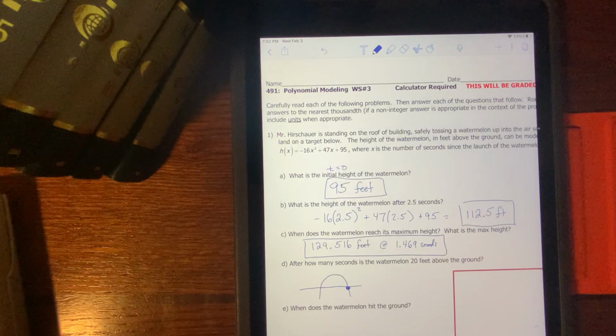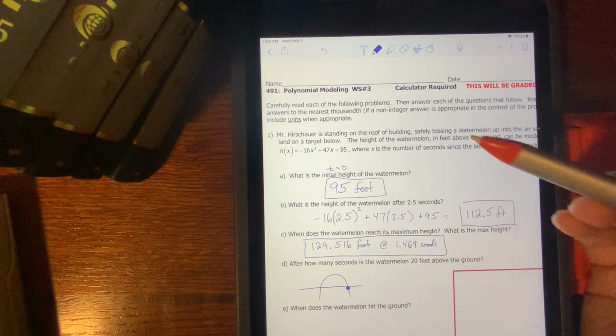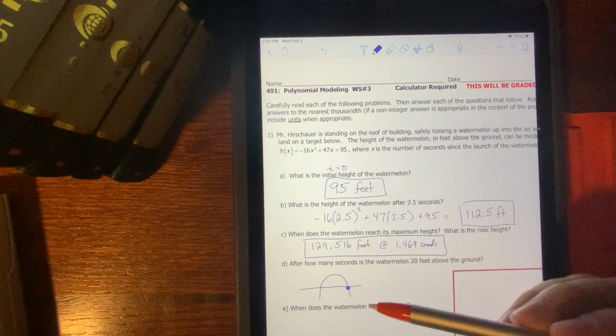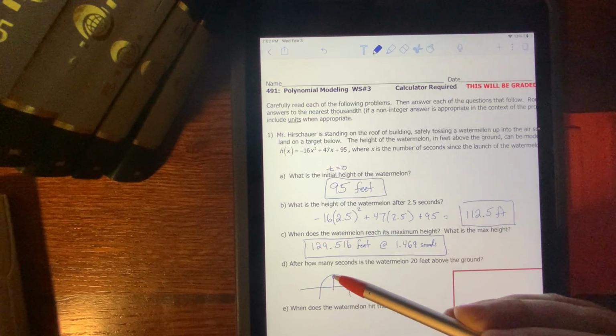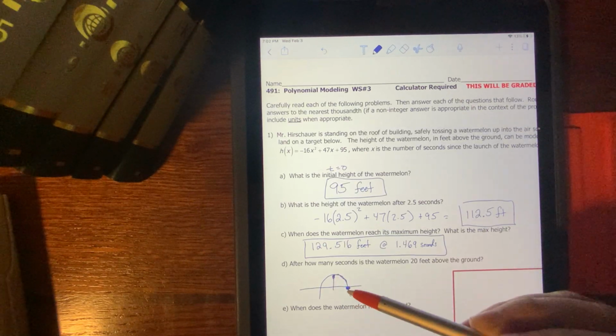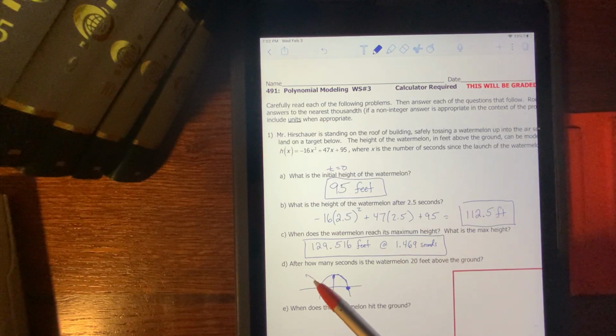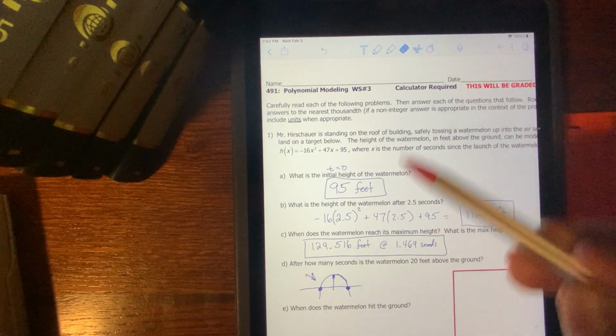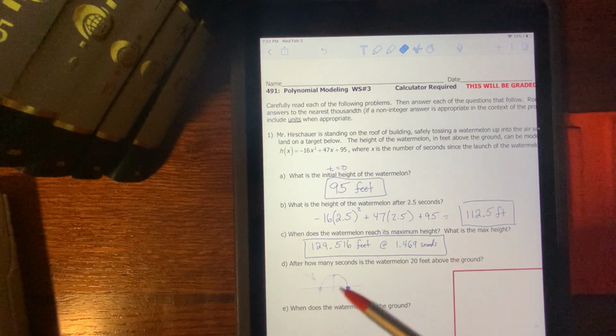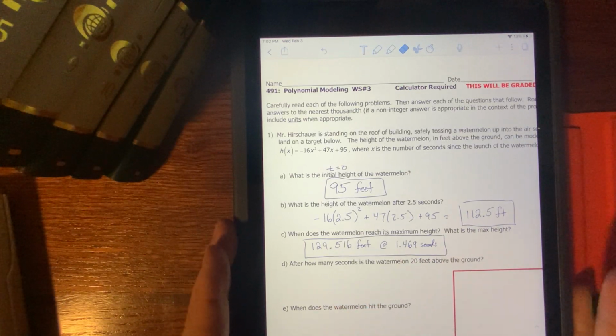Now, this thing is only going to hit once because it started on top of a 95-foot building. So we started up there, we threw it off, and it's going down. It's only going to hit 20 once. I know the parabola is going to hit over here, but this is not really in the domain of the problem. It doesn't really make sense in the context of this problem. So we'll keep that in mind as we transfer back over to the TI.